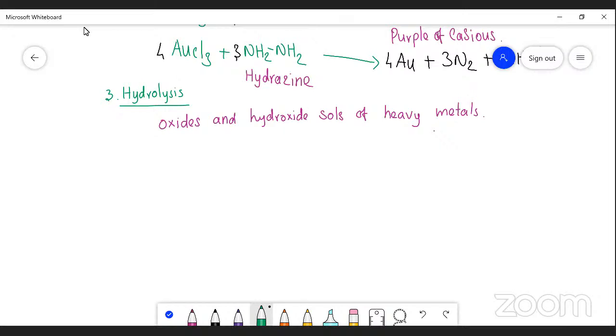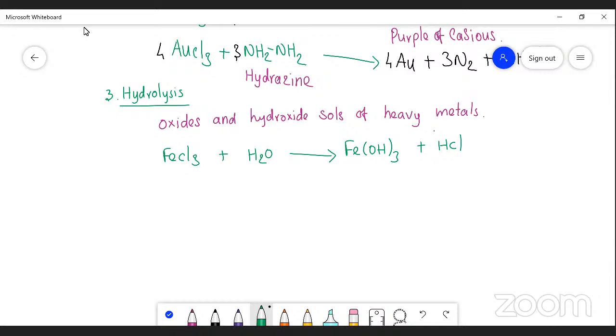The first one is ferric chloride on hydrolysis. Removal of HCl gives ferric hydroxide, Fe(OH)3, and HCl.